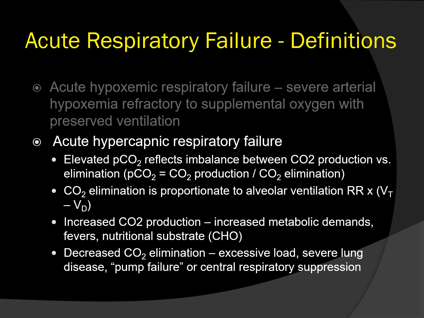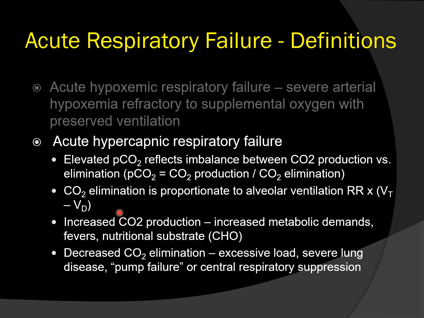Acute hypercapnic respiratory failure is defined as an elevated PCO2 and reflects an imbalance between CO2 production and elimination. The PCO2 in the blood is a ratio of how much CO2 is produced divided by how much is eliminated, so that either increased CO2 production or decreased elimination will raise the blood PCO2 level.